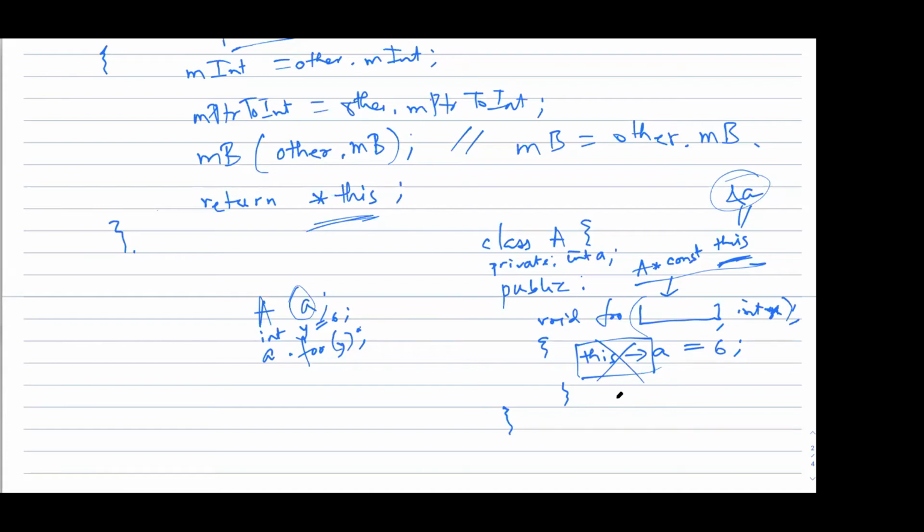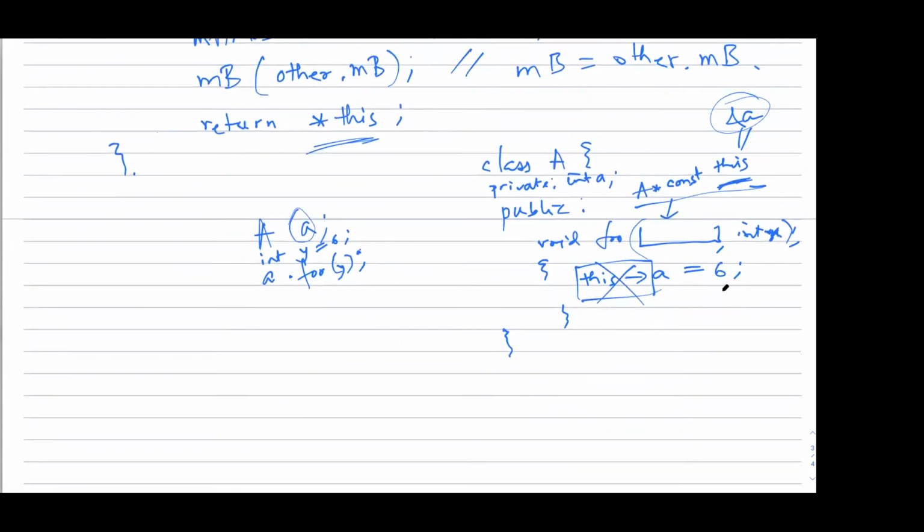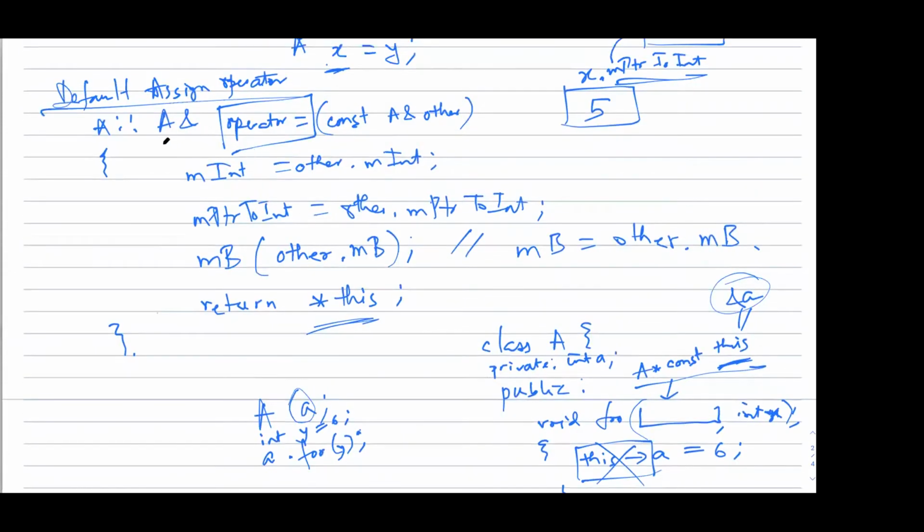I have a question. So this is just a pointer to other in the example of the default assignment operator? No, the this is basically pointing to this class, sorry. Okay, so it's pointing to a class, not an object. Yeah, basically whichever class this particular member function belongs to.